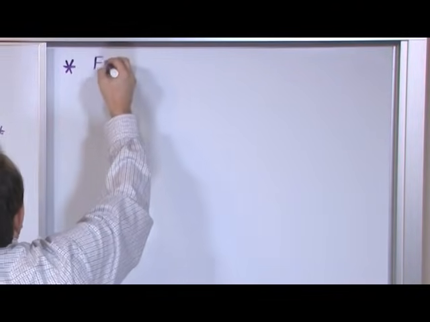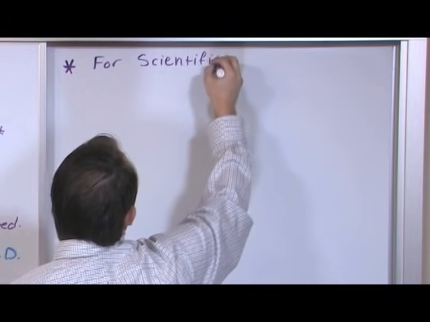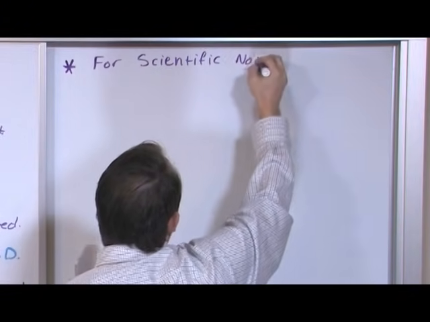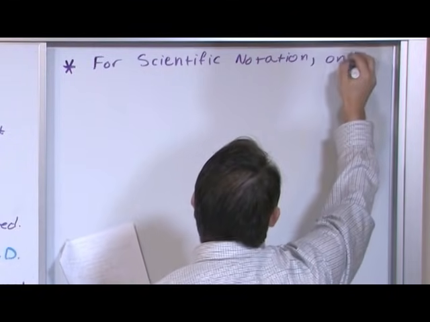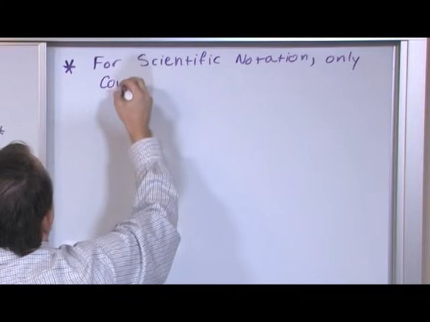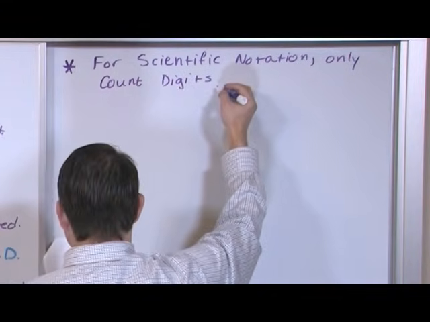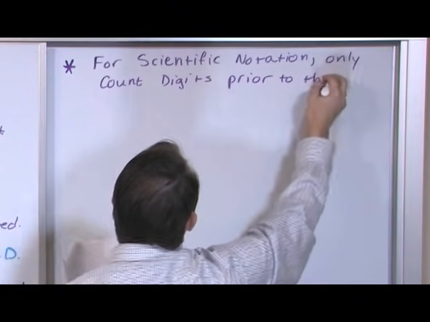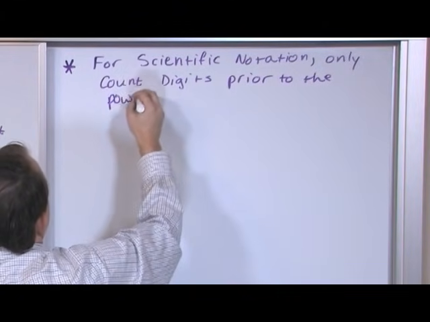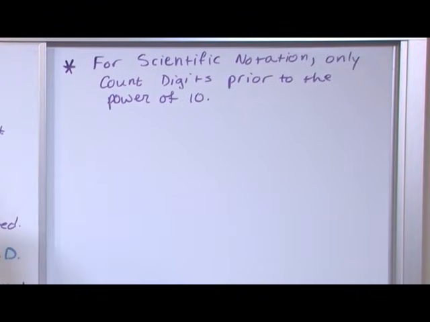For scientific notation, which you're going to use a lot in this class, only count the digits prior to the power of 10. You know, in significant figures, I should say scientific notation is always going to have that.